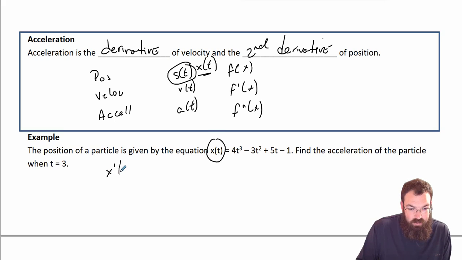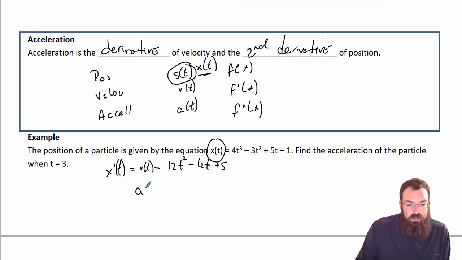So x prime of t is really v of t, which is 12t squared minus 6t plus 5, which then I want to go to a of t.